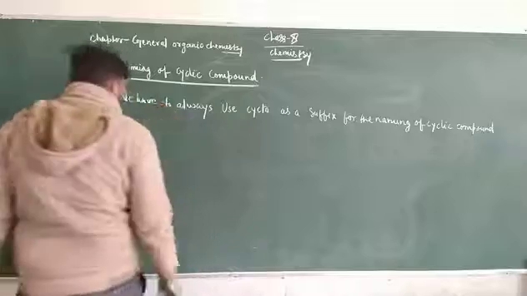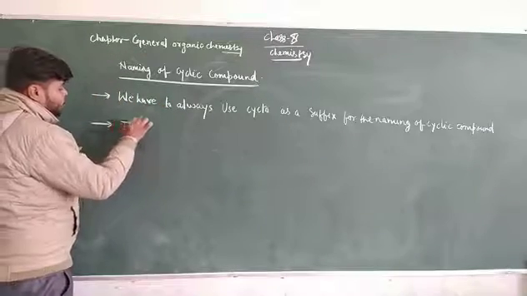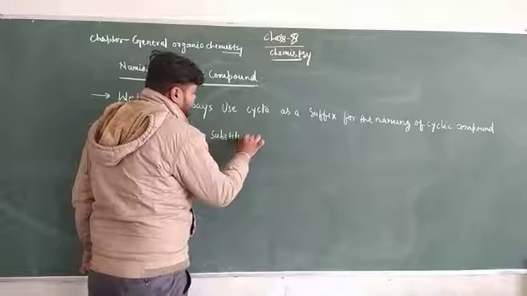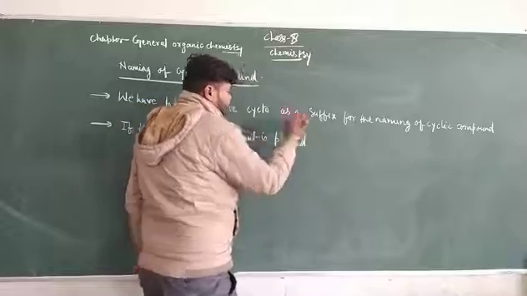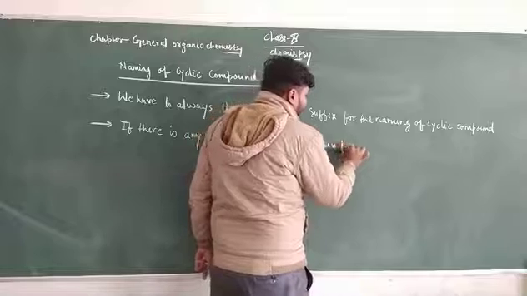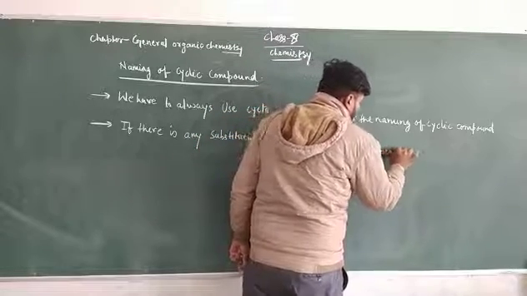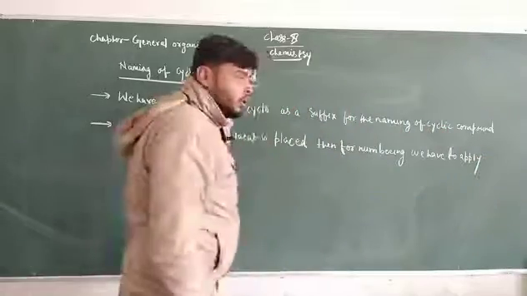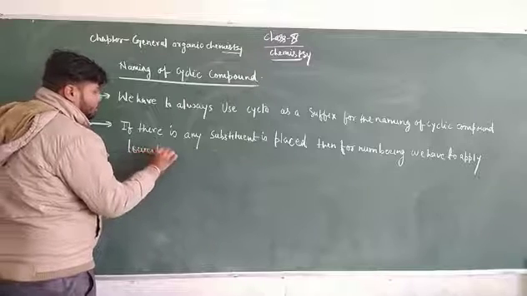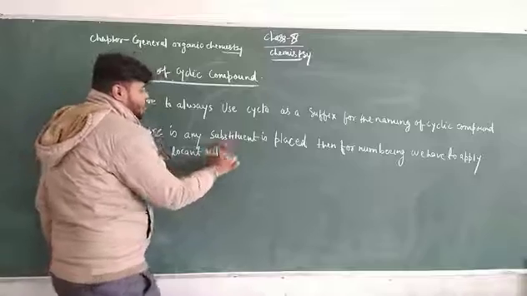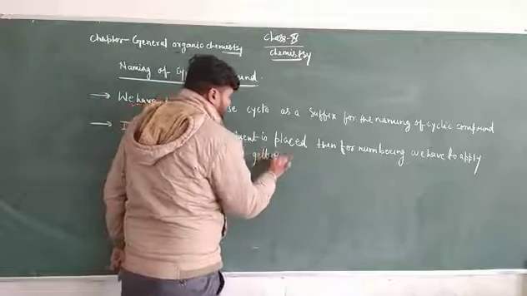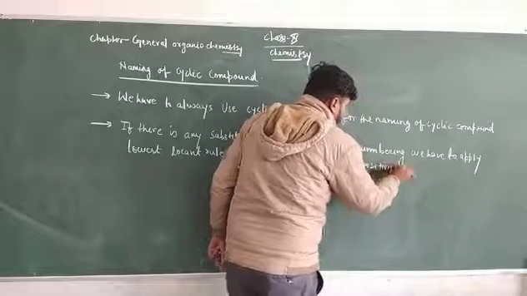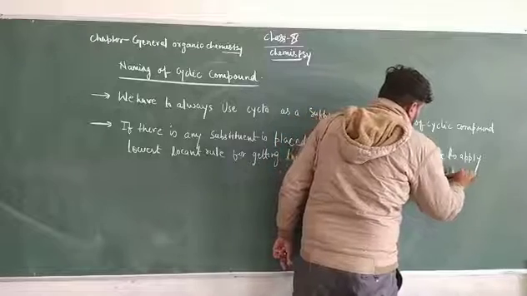The second rule: if there is any substituent placed, then for numbering we have to apply the lowest locant rule, to get the lower number position of the substituent.